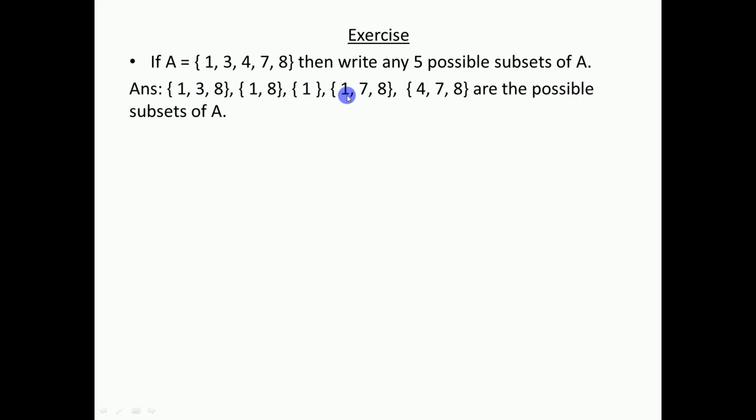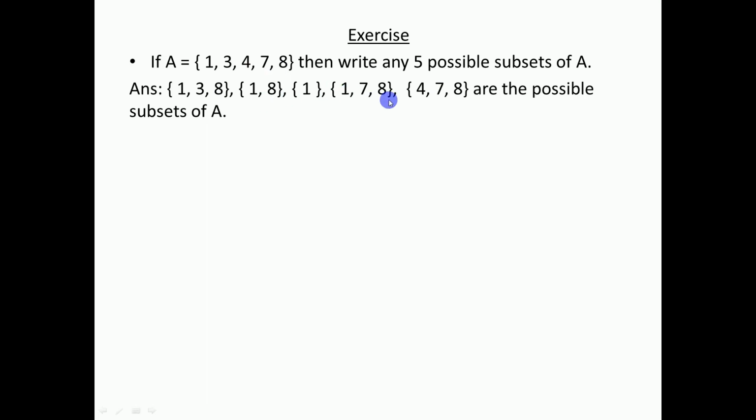In the fourth set I have taken 1, 7, 8. And in the fifth set I have taken 4, 7, 8. So basically all these 5 sets are subsets of A, because all these elements are present in the set A.